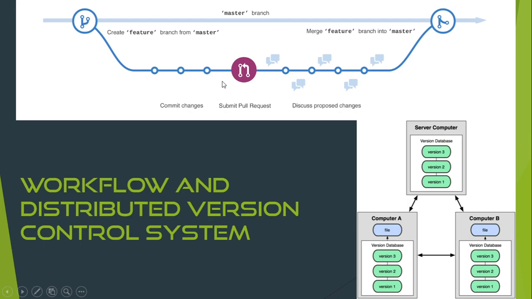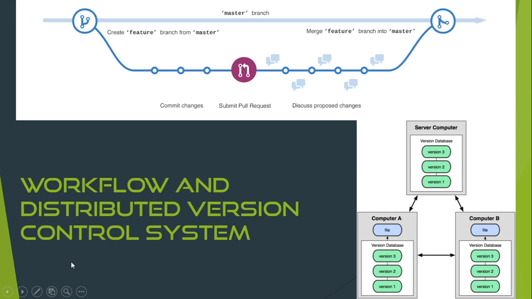So here a discussion happens, and when they all approve it, they do the merging to the main branch, where all the major features are done, and that's the main project. All the other branches are the different versions of it. And this is what a distributed version control system looks like.